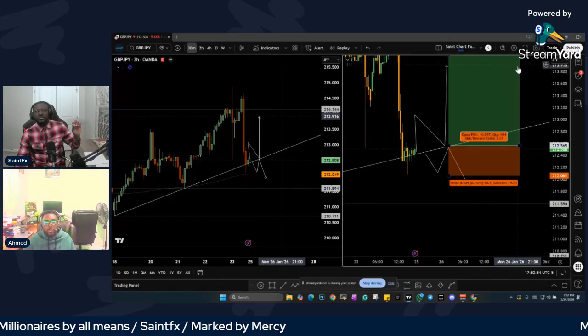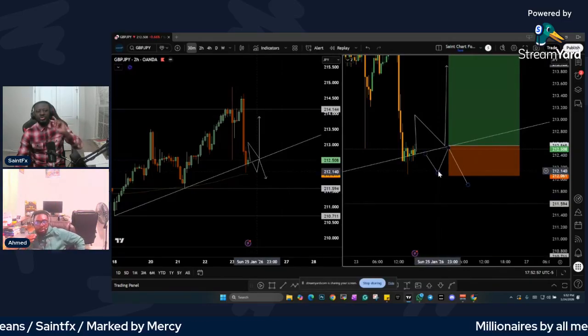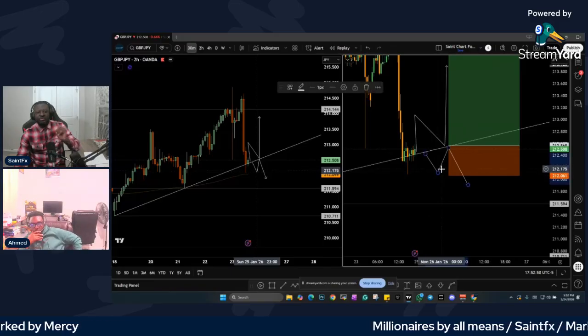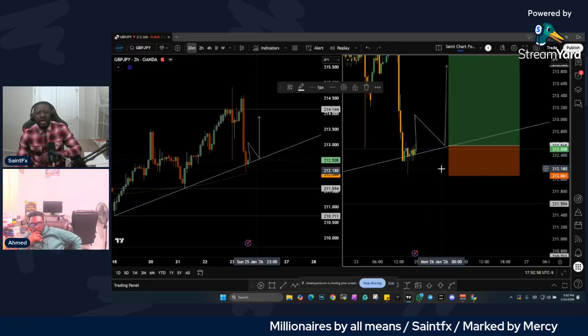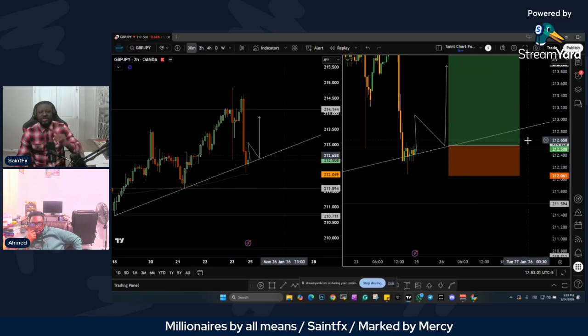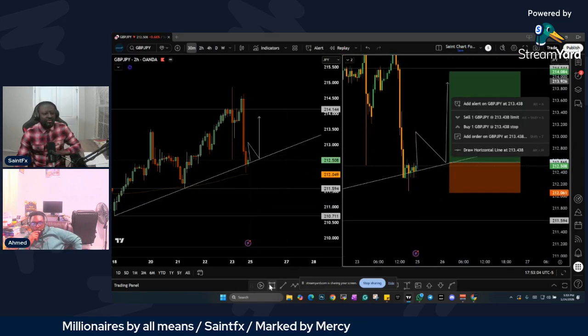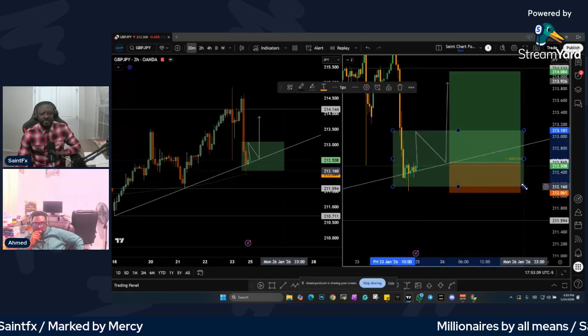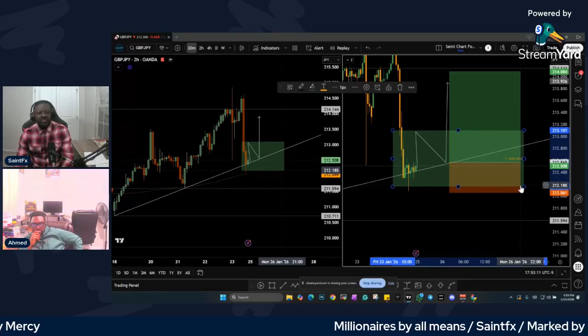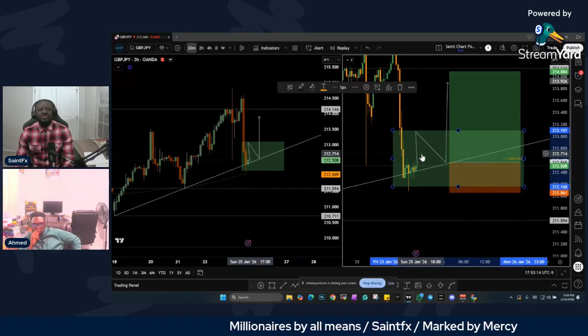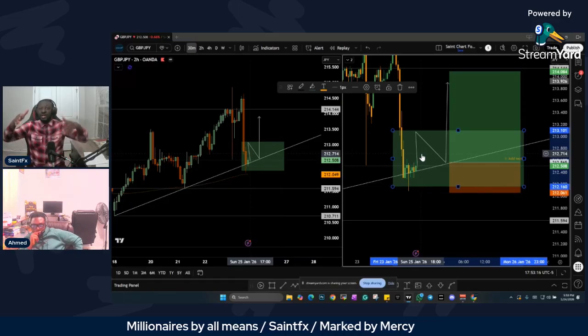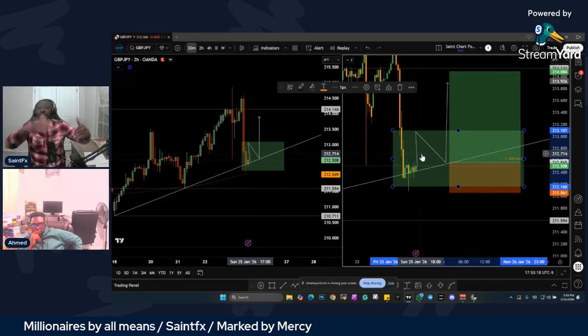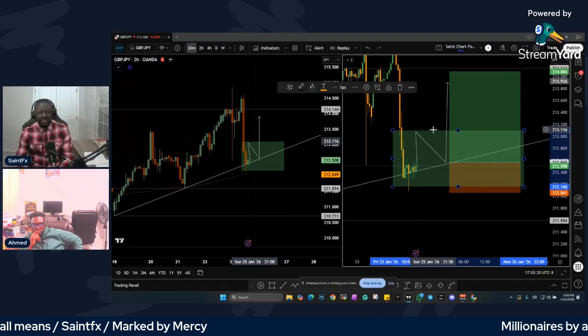So we have to wait and see how aggressively it comes down. This area zone will be crucial for me to see. That's why I told you at this point, I will come here and look at how the market reacts.